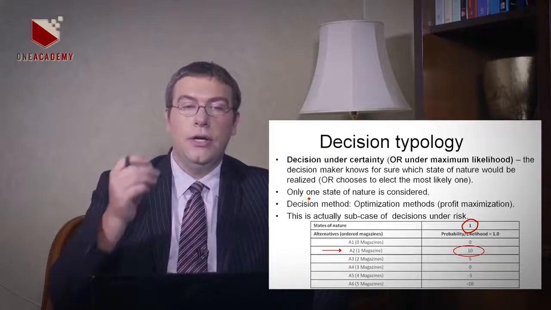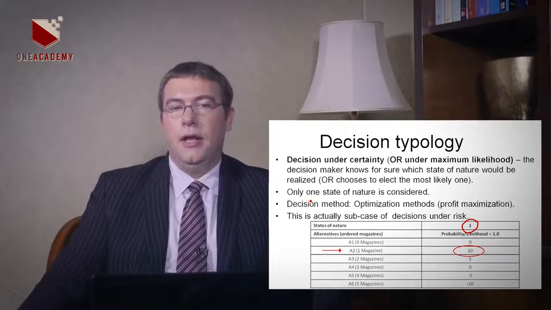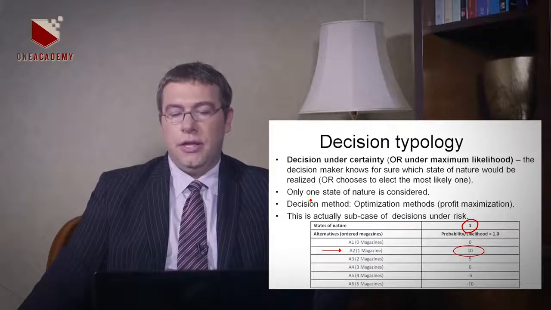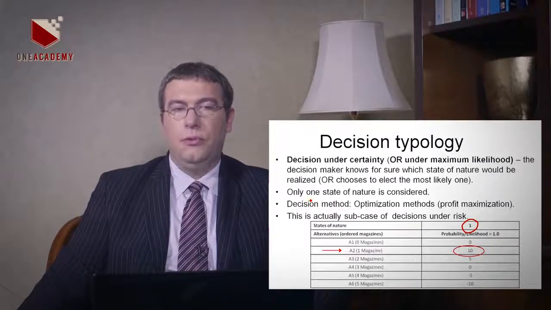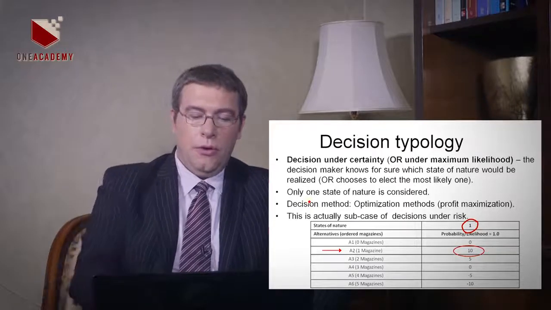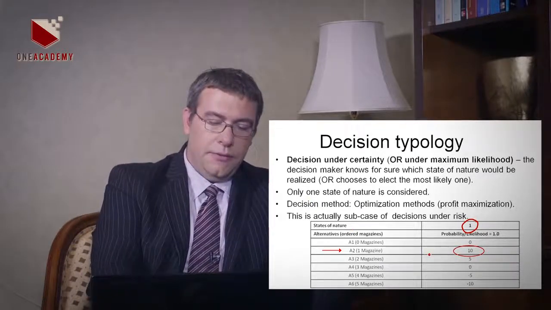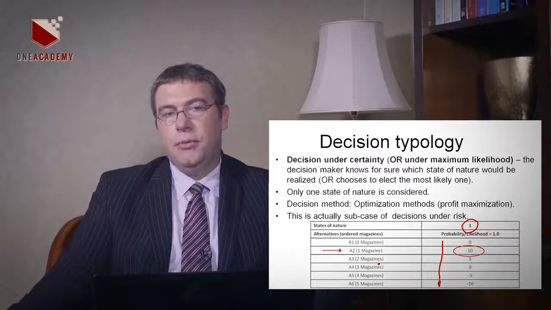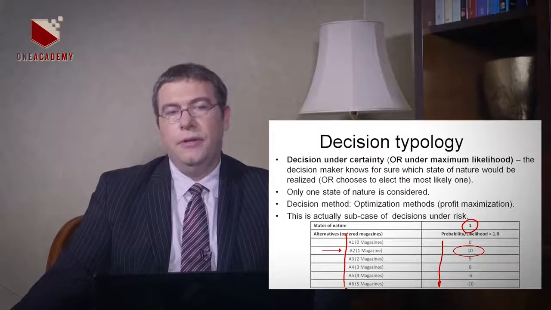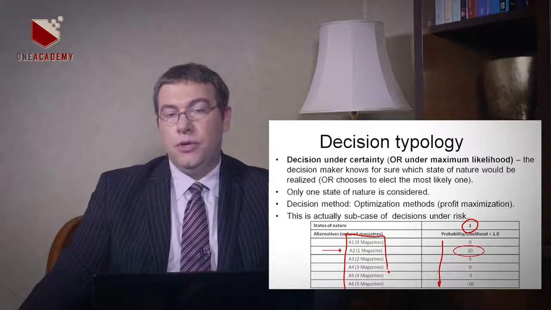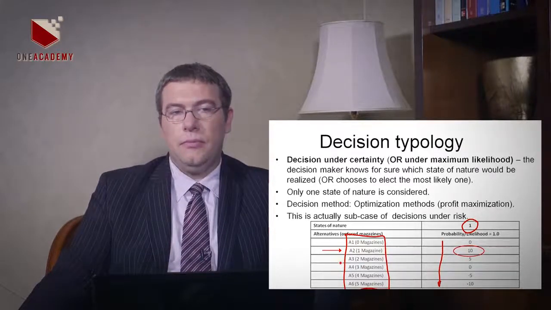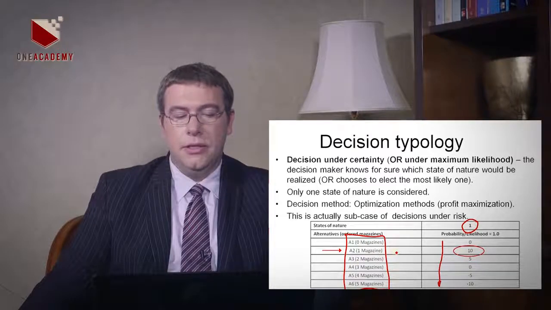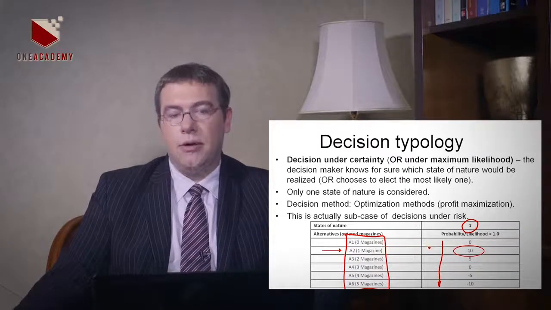So I know for sure, and I believe him, that there is 1 customer that will come to buy this month from me. Out of these alternatives, I would like to remind you there are 6: buying 0, buying 1, buying 2, 3, 4, 5 magazines. Which should be our decision, the one that maximizes our profit?